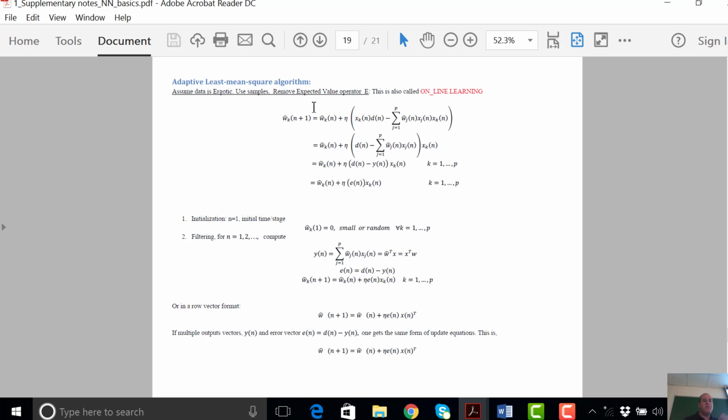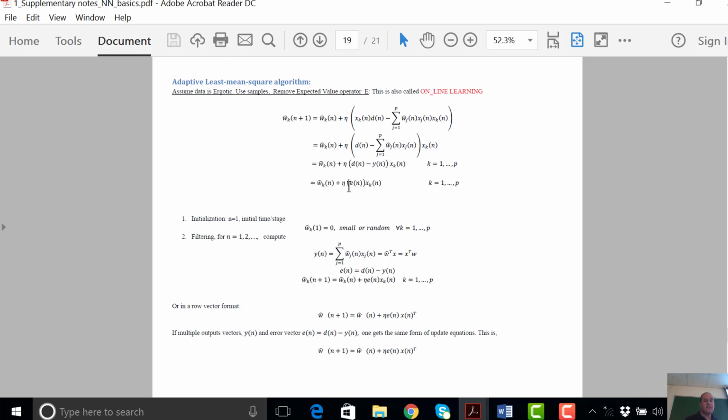So we remove the expected value, and we see what we've got. From the same equations that we had before, we can remove the expected value and pull this x sub k out. This summation here is really the output, and we end up with this equation, which, by the way, we could have derived directly from the cost function.